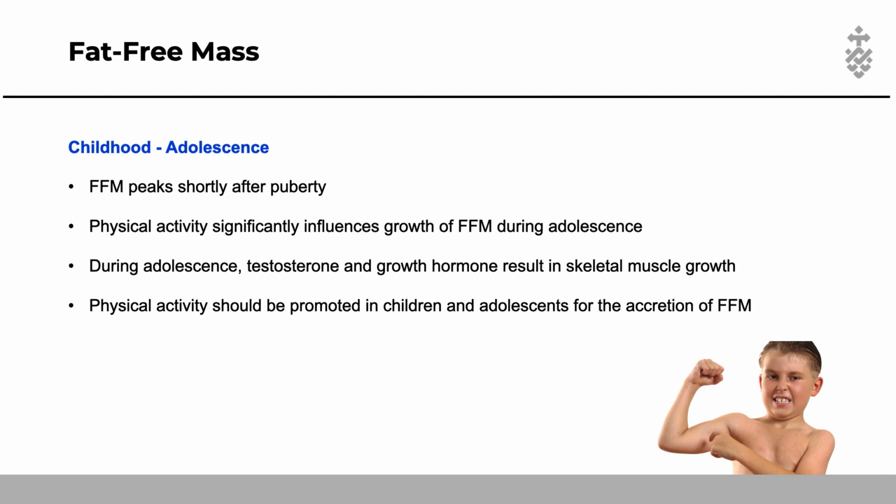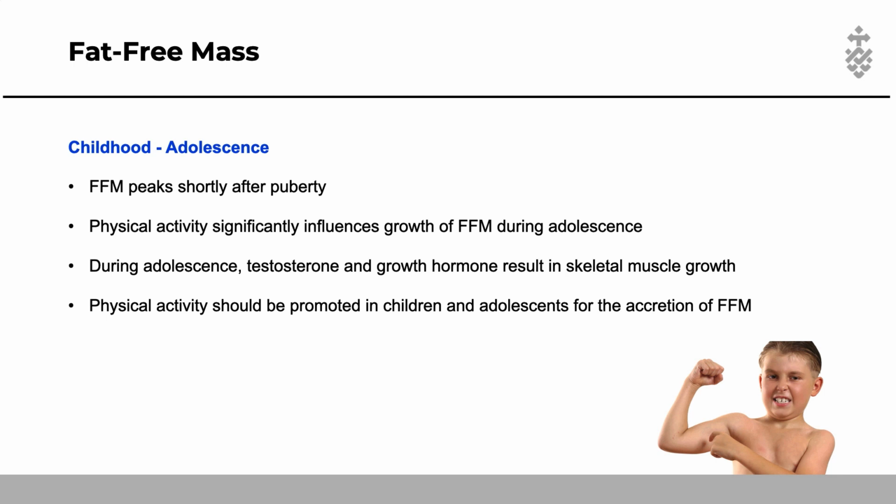And we may be able to maintain this peak in our muscle mass, our bone mass, and organ mass for a little while with appropriate training and diet, but it's likely that this will be the greatest amount of fat-free mass that we ever have. So we'll never reach the same level of fat-free mass in later life. It's very unlikely that we will. It would take a lot more effort.